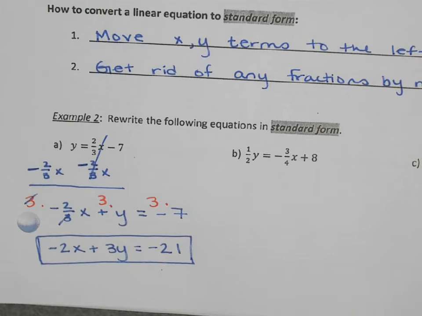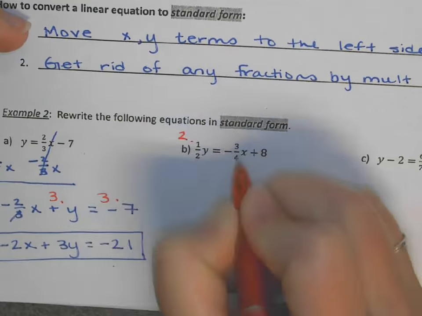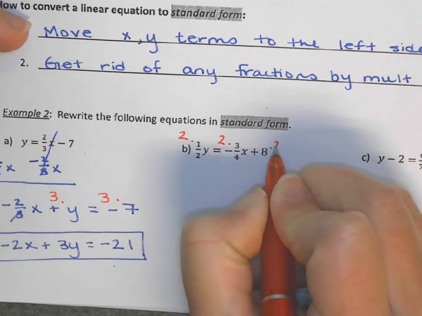Now, I told you that if you don't want to deal with the fractions, you can get rid of those first. So let's try it that way on this one. What am I going to multiply by in order to get rid of fractions? A denominator. So which denominator do you want to multiply by? 2 or 4? 2? Okay, so we're going to multiply this term by 2, this term by 2, and that term by 2.